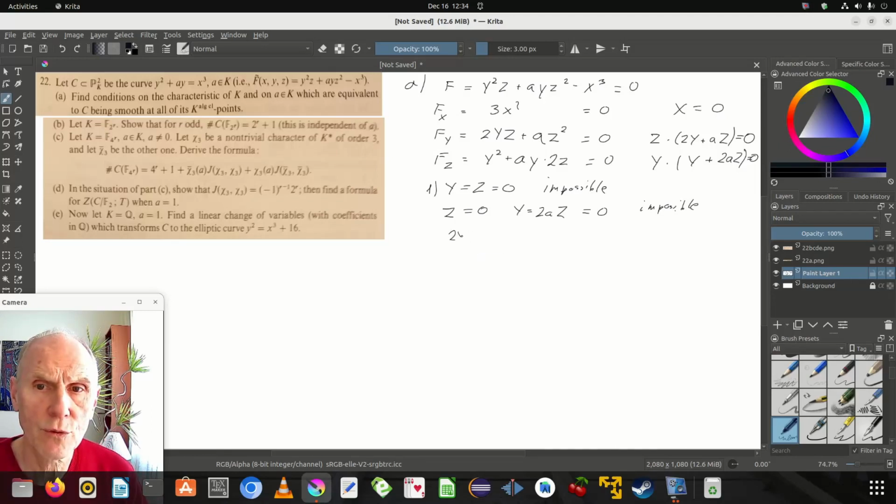Then we have 2y plus az vanishes, and y being 0 implies z vanishes as well. That's impossible.